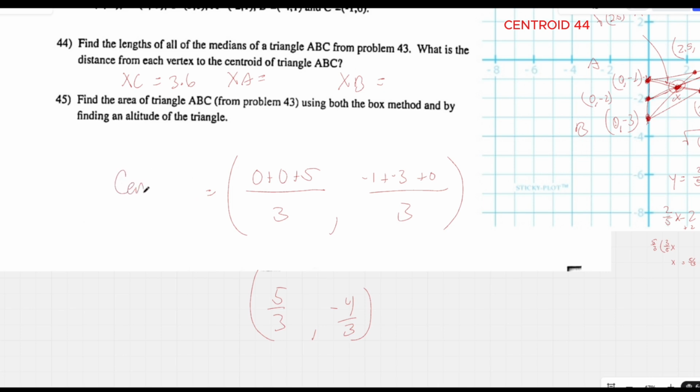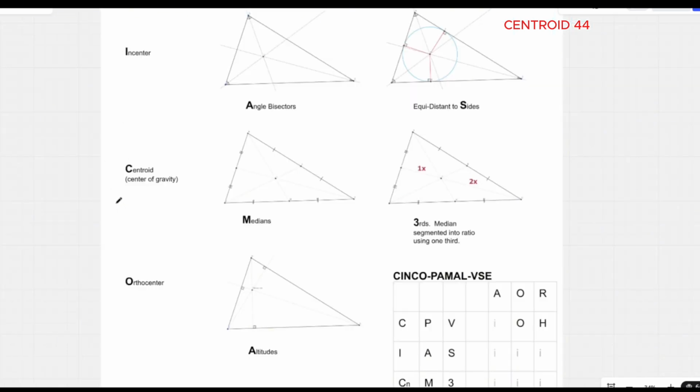The centroid is the intersection of all the medians. So let me add that to my cheat sheet. It's x1 plus x2 plus x3 over 3, y1 plus y2 plus y3 over 3.